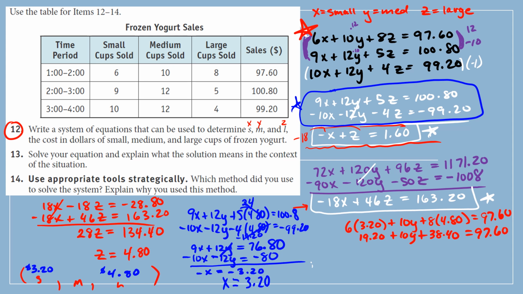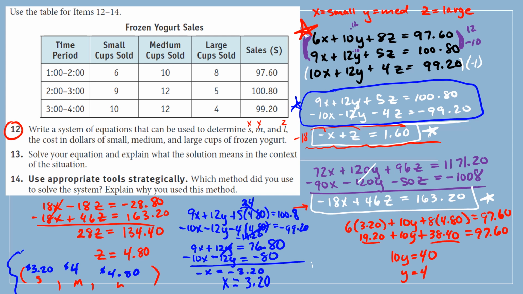So if you were to combine these two, 19.20 and 38.40, hopefully you're getting $57.60. Go ahead and minus that from the right side, and ultimately you're a couple steps ahead of me. Hopefully you got 10y equals a nice even $40. That's sweet. So y equals 4 when you divide. So the mediums are $4.